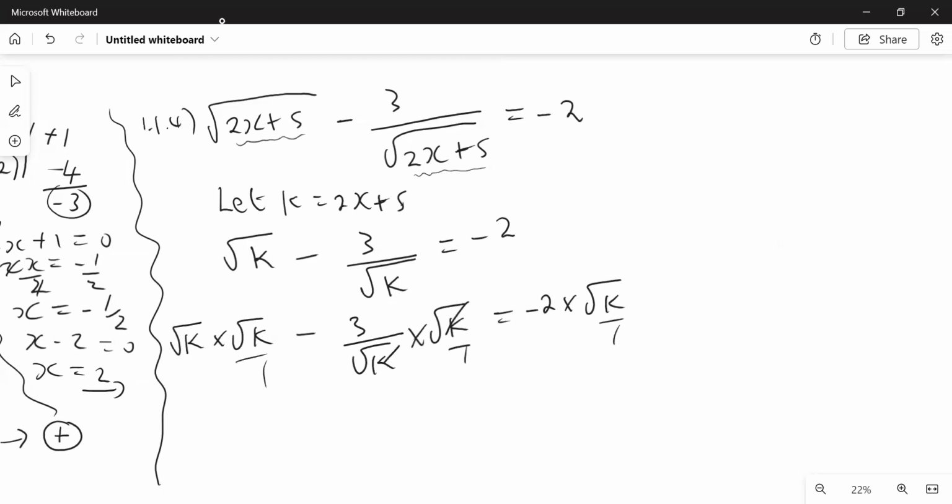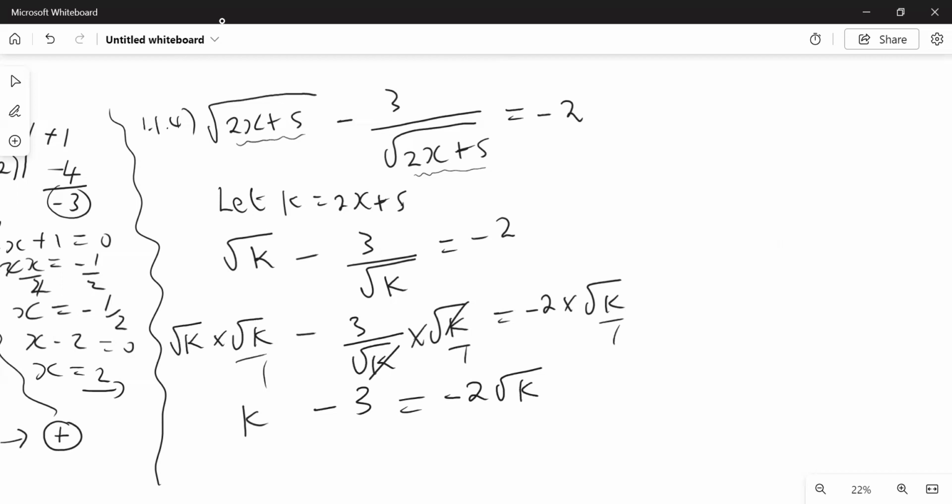So K, square root K and square root K, they cancel. Here we're left with minus 3. Square root and square root cancel, we're left with K equals, when we multiply these two, negative 2 square root K.